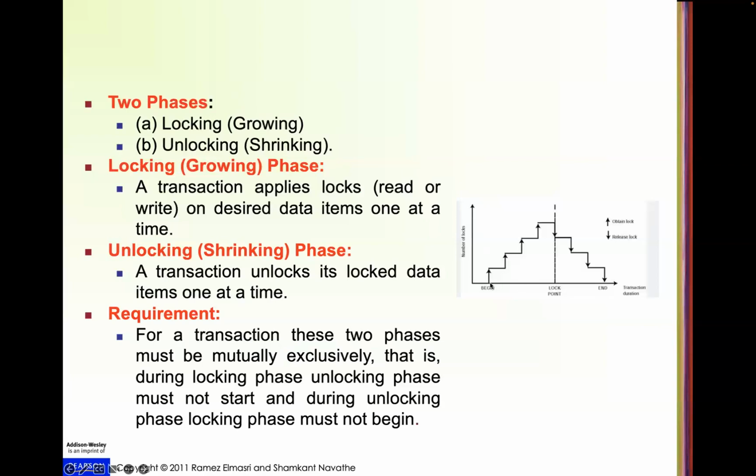It means a transaction can grow or it can shrink at a given point of time, but not do both things at the same time. That is, during the locking phase, the unlocking phase must not start, and during the unlocking phase, locking must not begin. So this is the mutual exclusion of growing and shrinking phases of two-phase locking.